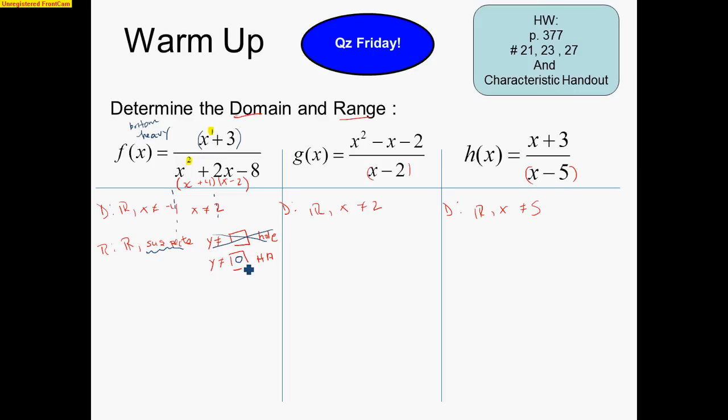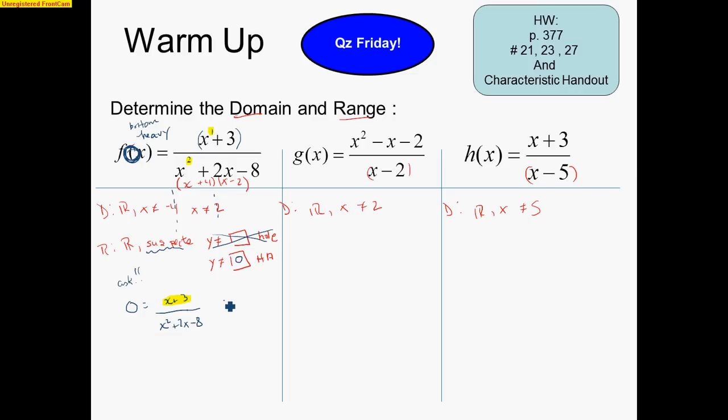I don't know if I need to kick 0 out of the range. How I figure that out is I take the y value of 0 and replace f of x with 0, because f of x means y. So I say, excuse me function, is there any x that will make you equal to 0? From elementary school, I learned that if I want a fraction to be equal to 0, the numerator has to be equal to 0.